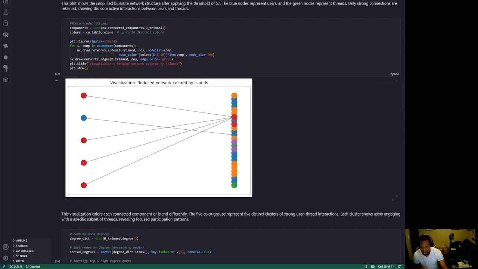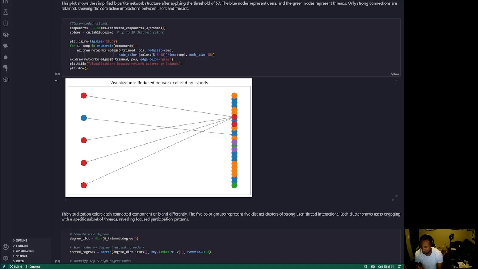So when we go down to the second graph, this reduced bipartite network shows the interaction between users and discussion threads in the Facebook-like forum dataset.